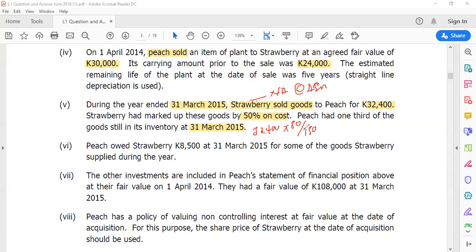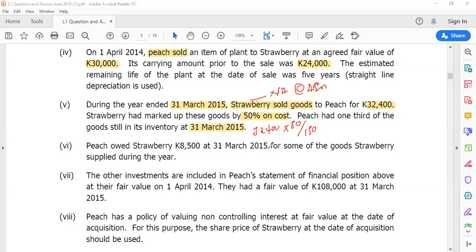So when we multiply the 50, you sold for how much? During the year ended, Strawberry sold goods to Peach for 32,400. Now Strawberry had marked up these goods by 50% on cost. So the markup was 50% on cost. Are you seeing? So how do we work out the markup? The markup is 50 over 150. That's the fraction for the markup.